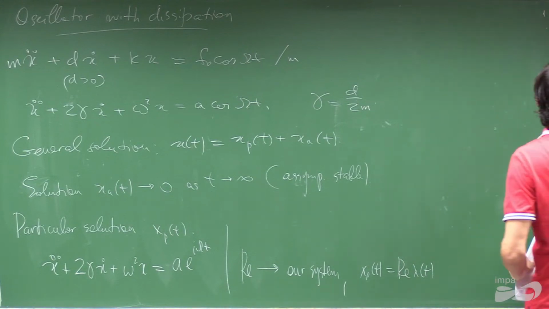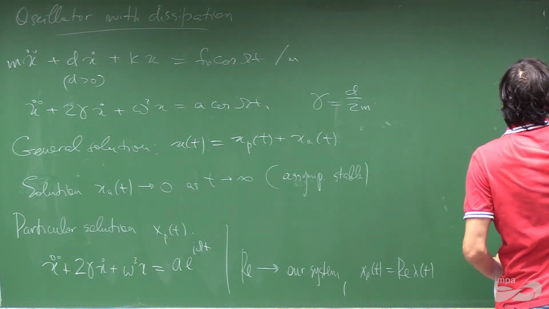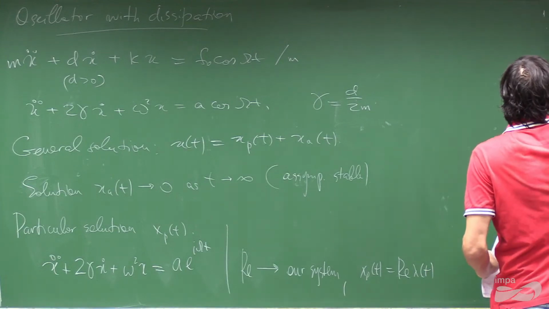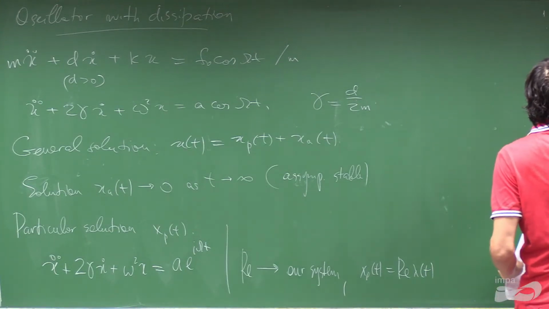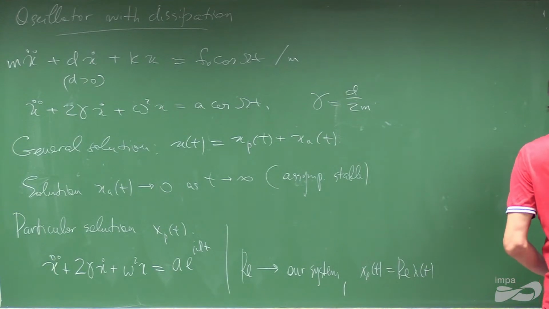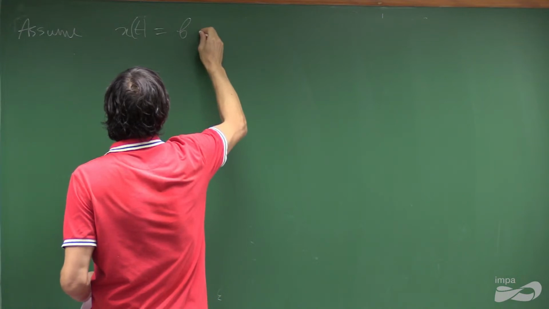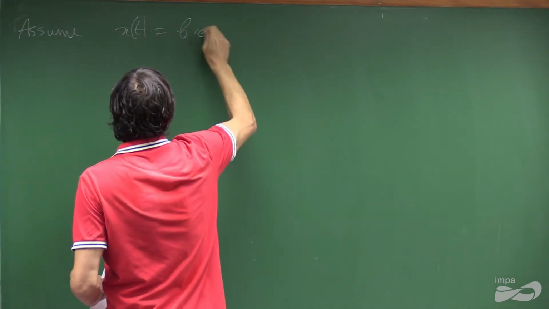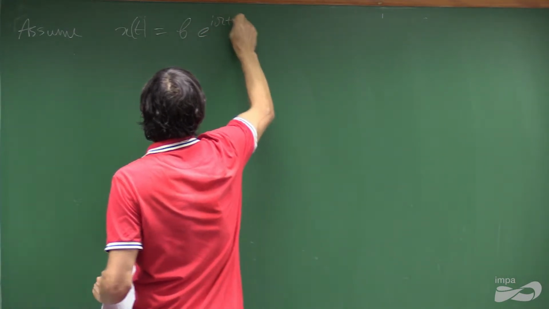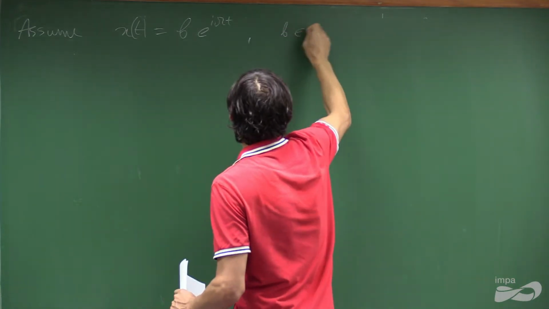So we assume that the solution has the form of some coefficient b, times exponent i omega t, where b can now be complex.